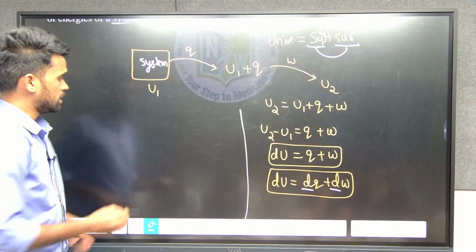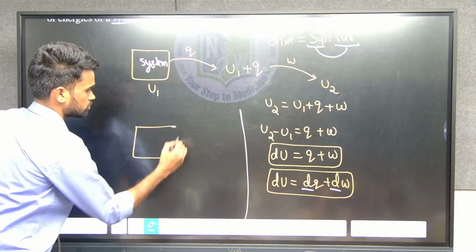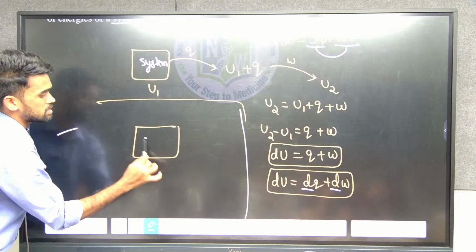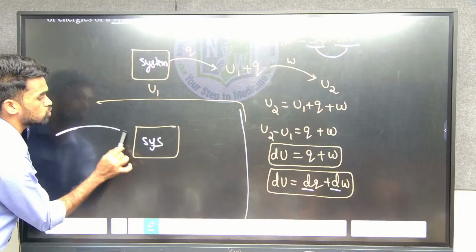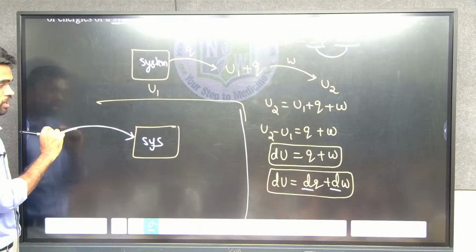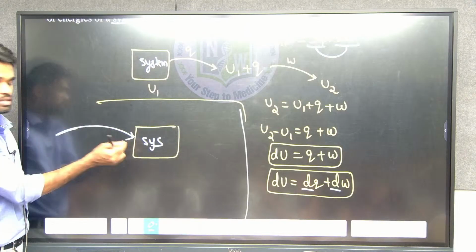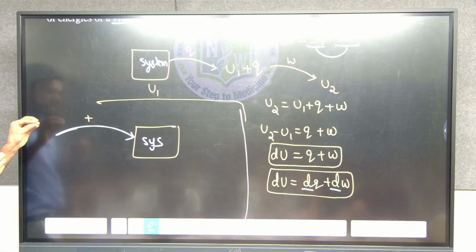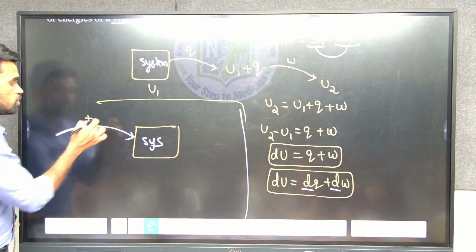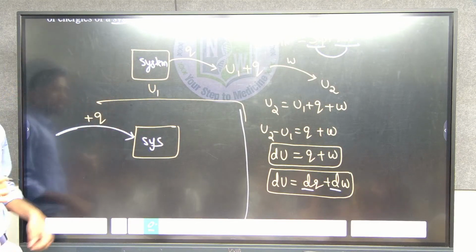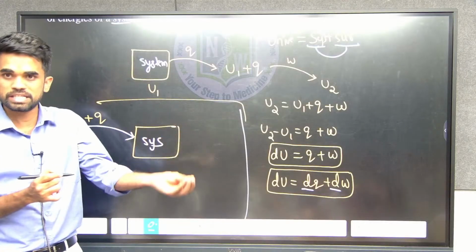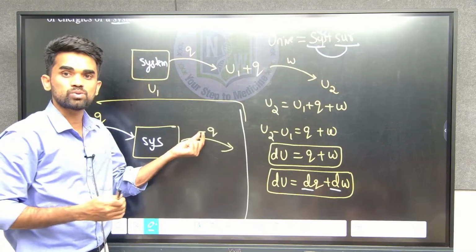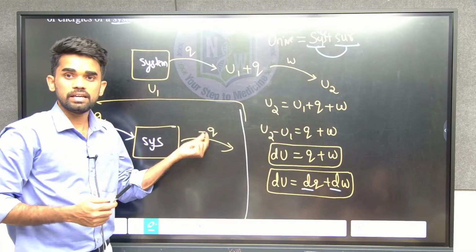See, if this is a system, up to here the first law is over. If you are supplying some amount of heat to the system, you are adding energy to the system, so that should be indicated with a positive symbol, plus Q. Now if energy is released from the system, it is minus Q, which indicates release of energy.